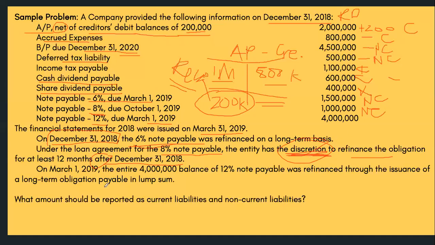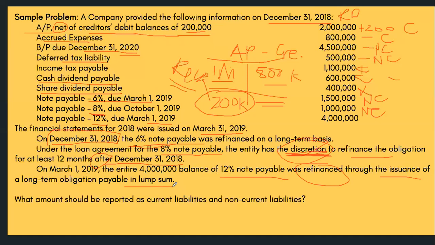Last. On March 1, 2019, the entire 4 million balance of the 12% note payable was refinanced through the issuance of a long-term obligation payable in lump sum. What is its classification, current or non-current?